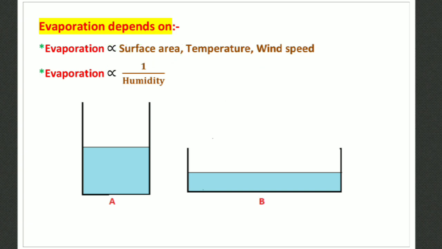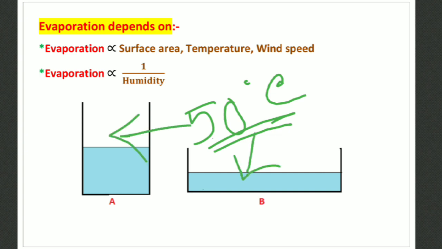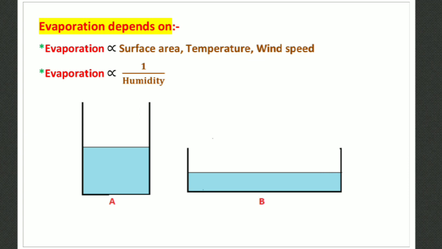So here, if we heat these two beakers with the same amount of heat, suppose 50 degrees Celsius, then after some time we will see that the amount of water present in beaker A is higher as compared to beaker B. That means the particles leave more from beaker B as compared to beaker A. This is because of the surface area.